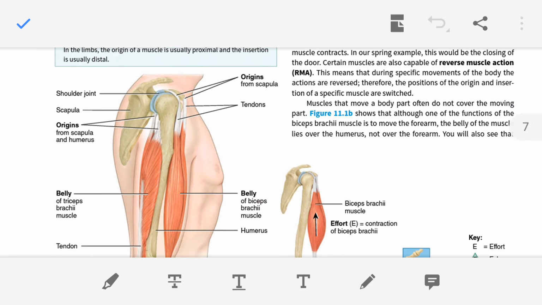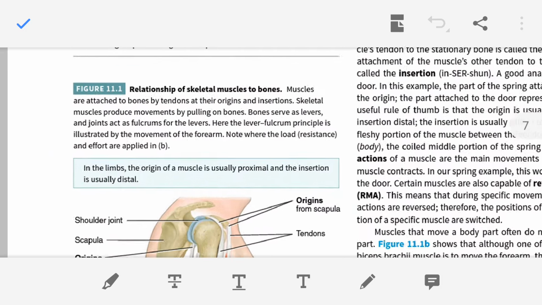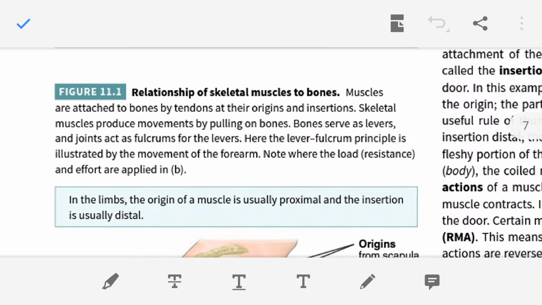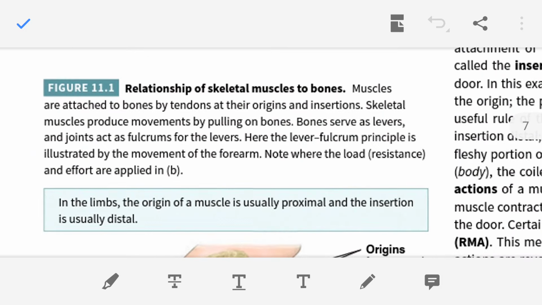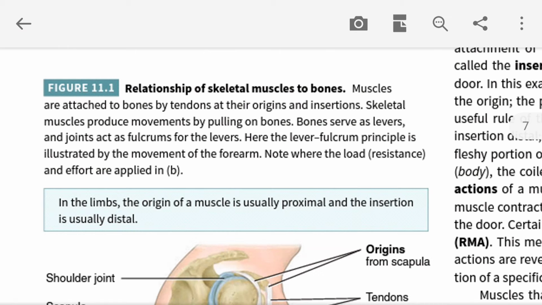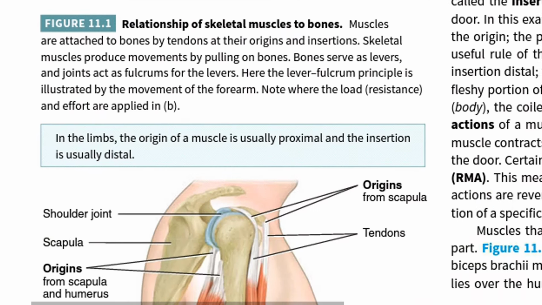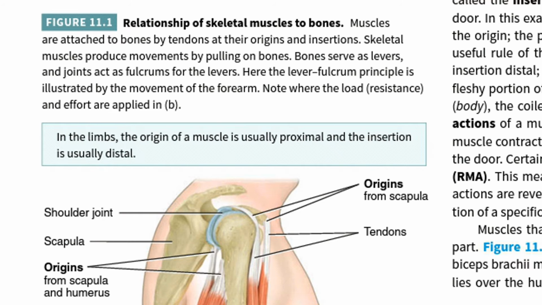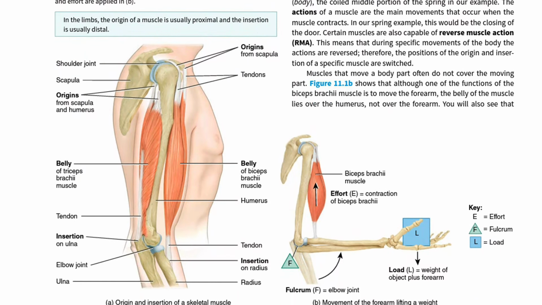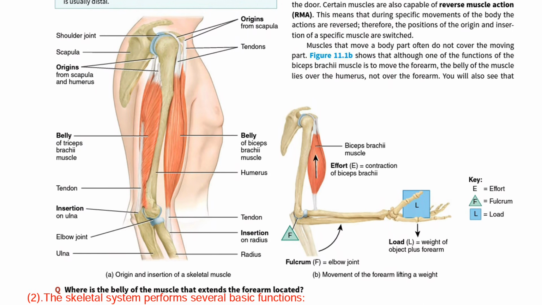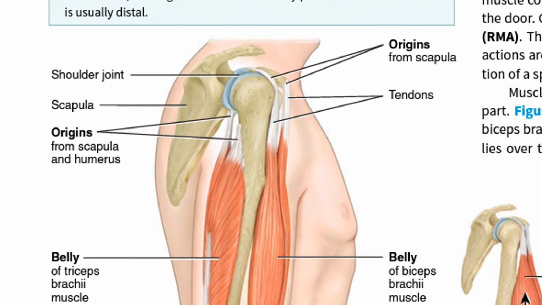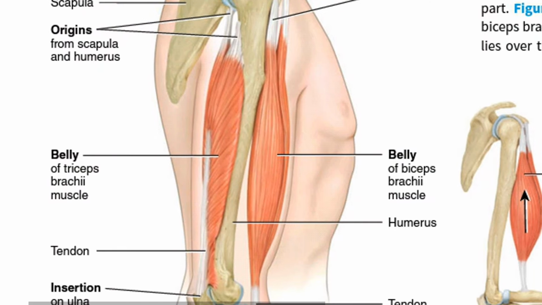Here in this figure, see figure 11.1, the relationship of skeletal muscles to bones. Here you can see tendons are shown, then the bone is shown.